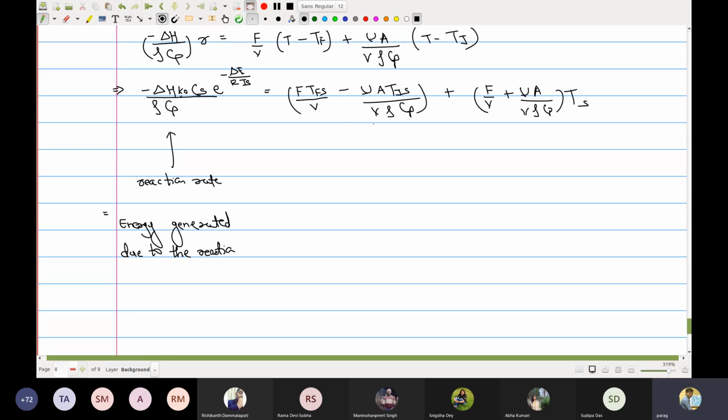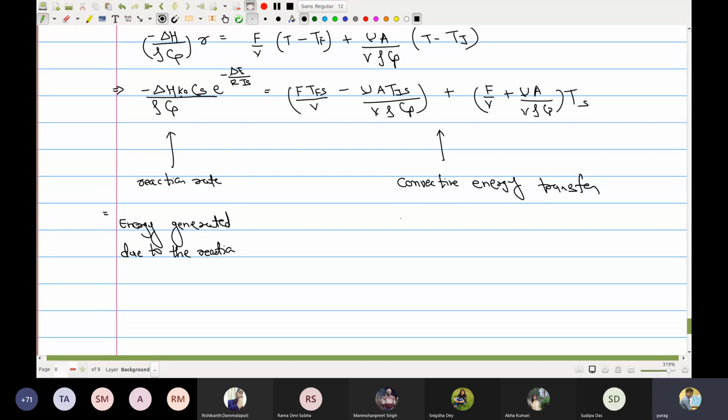Now, what is this? The entire right hand side is the convective energy transfer, right?